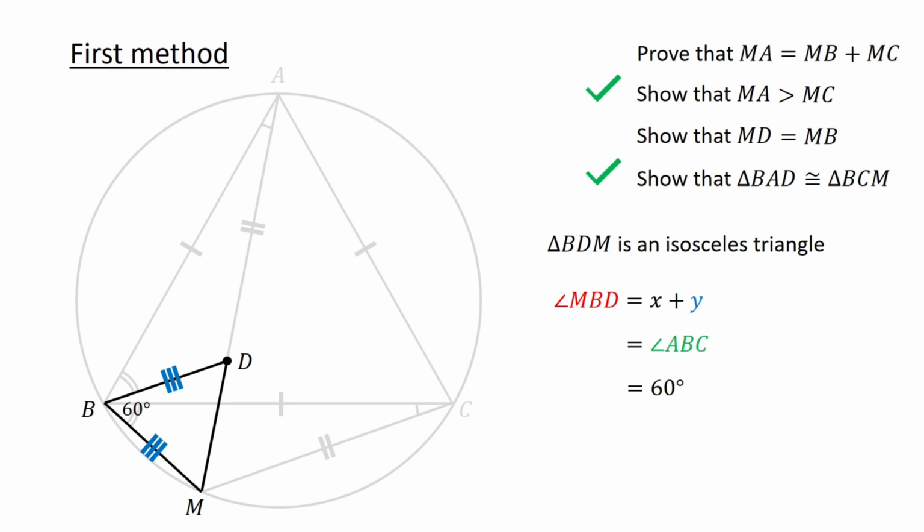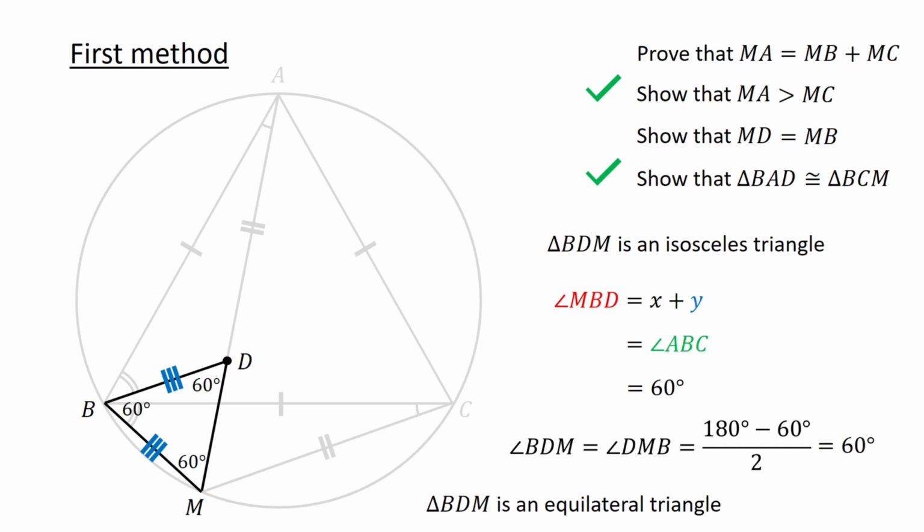The base angles of triangle BDM, which are angle BDM and angle DMB, are thus each equal to (180 degrees minus 60 degrees) divided by 2, which is 60 degrees. Thus, triangle BDM is an equilateral triangle. Since the line segments MD and MB are the sides of an equilateral triangle, we therefore have MD equals MB.